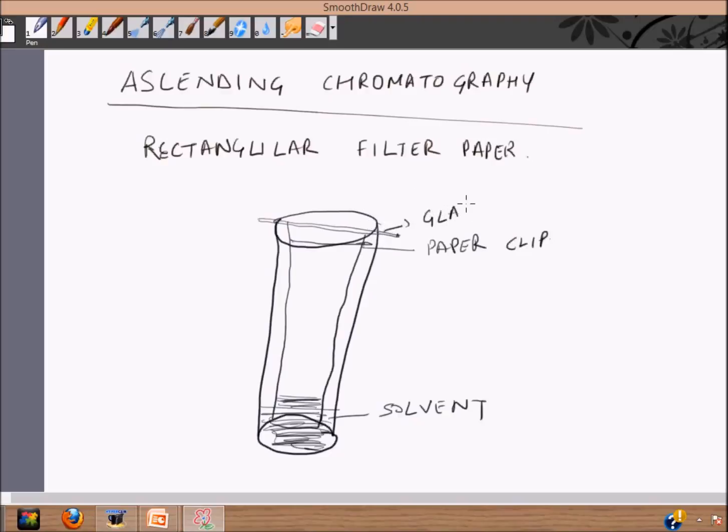It's the glass rod with the help of which the paper is being held. So the filter paper we have taken here is a rectangular sheet kept in a vertical position and lowered in a suitable solvent.